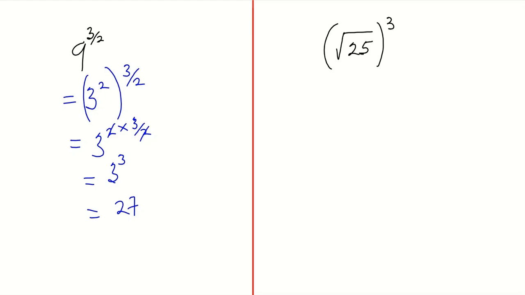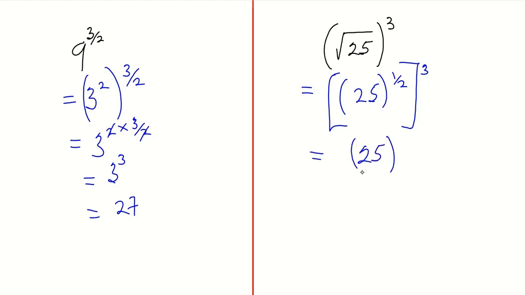We continue with our next example, and we have, in brackets, the square root of 25, all exponent 3. We know square root can be written as half in indices, so we can write our answer as 25 exponent half, and then we bring in our existing exponent 3, because square root, like we said earlier, is written as 1 out of 2.